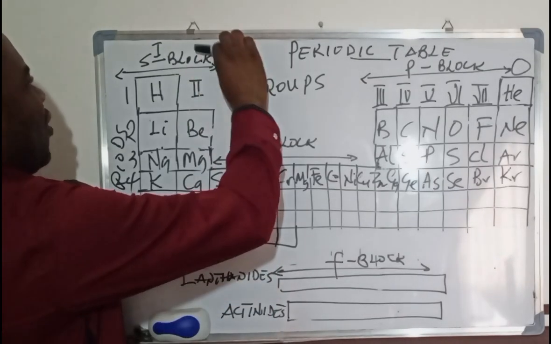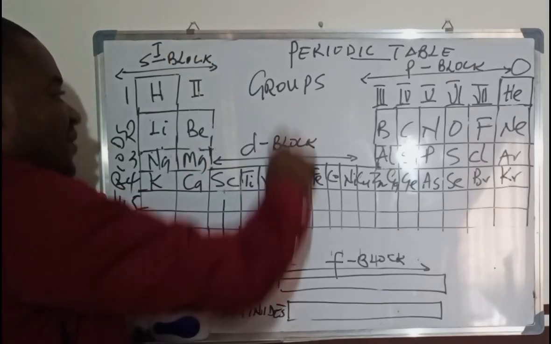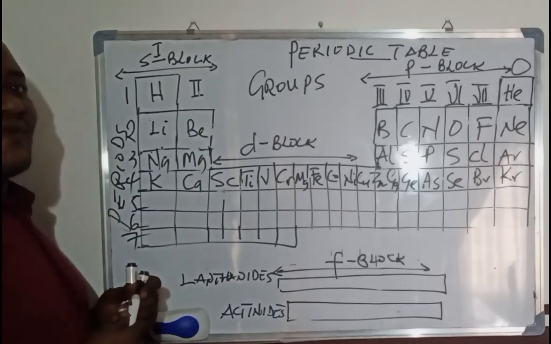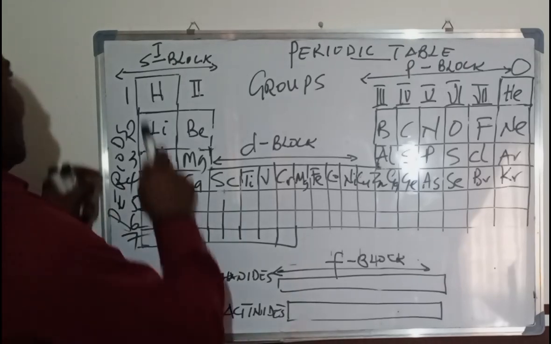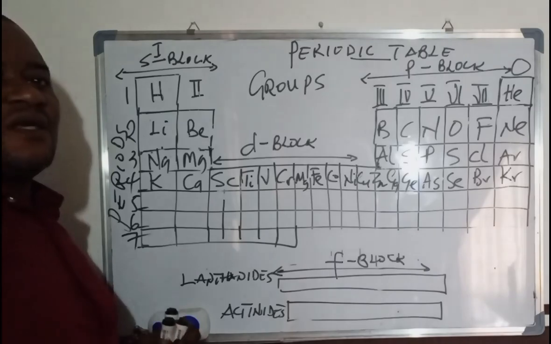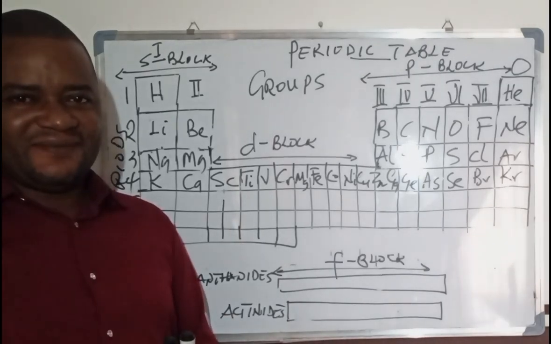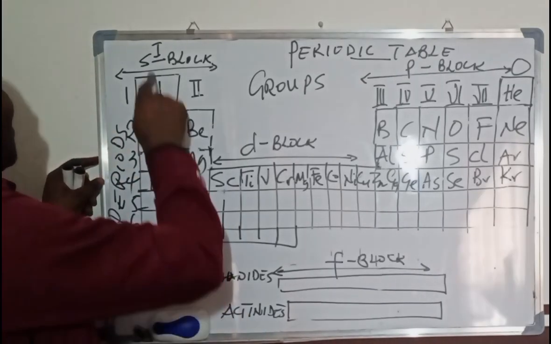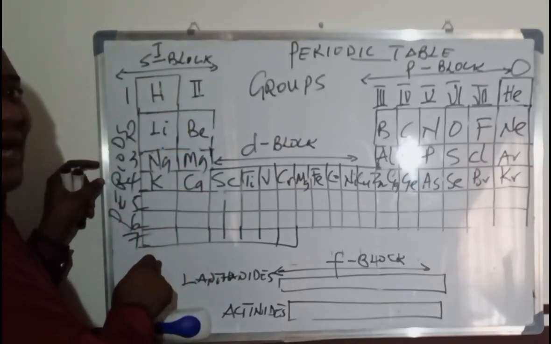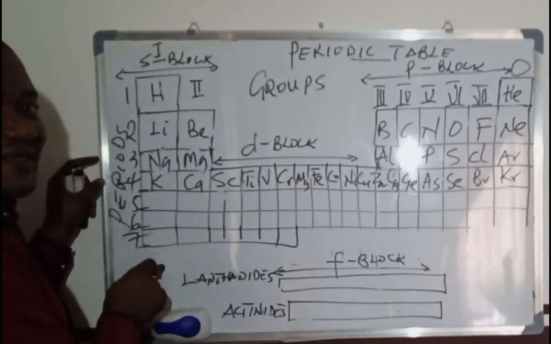So if you are coming from up going down, you will be seeing an increase in the metallic nature of elements. And because of that, the group 1 and group 2 elements are very strong reducing agents. So if you move from the top of the group going down the group, you are meeting a stronger reducing agent.